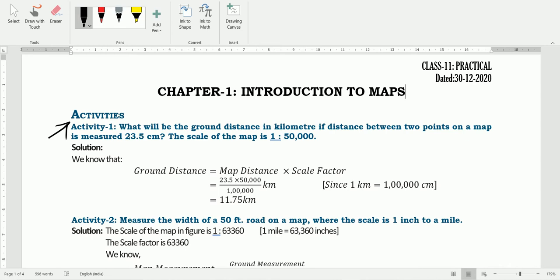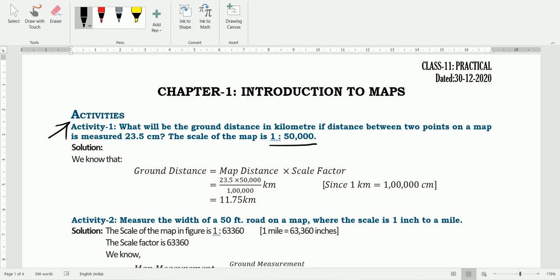What will be the ground distance in kilometers if the distance between 2 points on the map is measured 23.5 centimeters and the scale of the map is 1 is to 50,000?